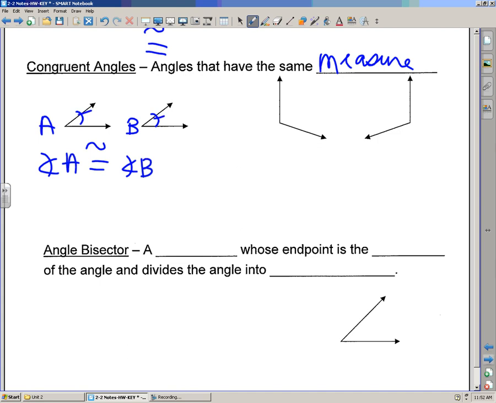That also means congruent. If they don't mark the drawing, they might just have angle measures inside the drawing. So for example, let's say we know that this is 103 degrees, this is 103 degrees. By the way, those are obtuse angles. Then you might also see something like angle 1 is congruent to angle 2.